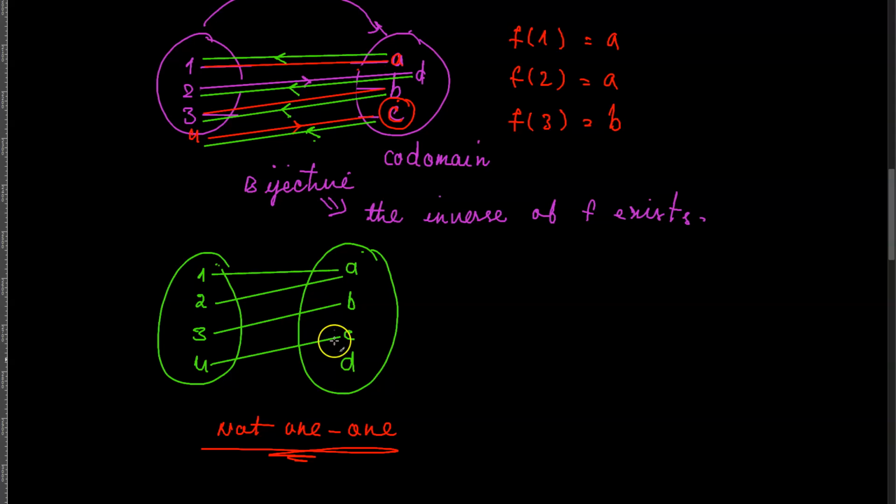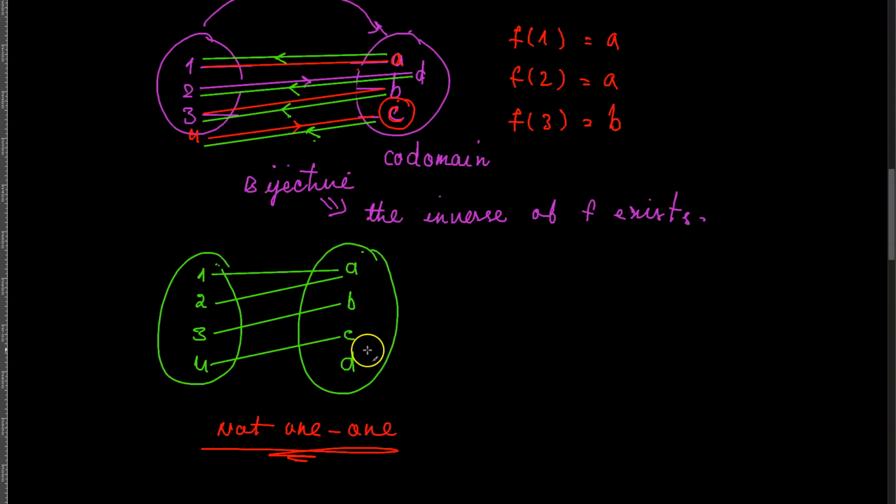On the other hand, in the same function here, suppose that I want to get back from d to some element, in order to define the inverse of the function. Now, there is actually no route from anywhere to this element d. So if I were at d, I wouldn't know where to go, right?